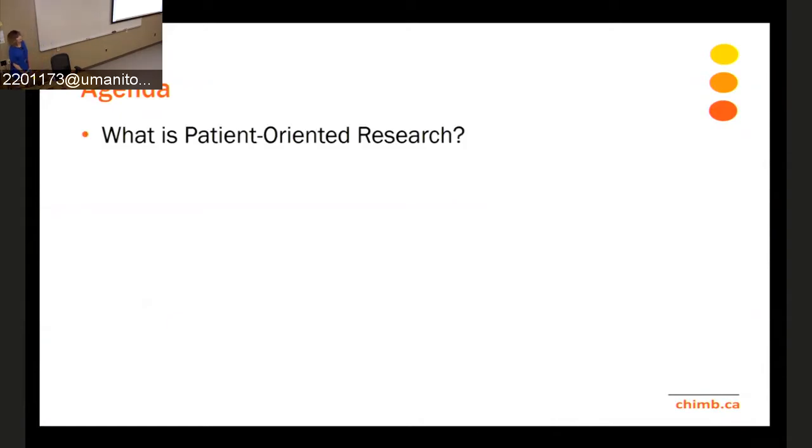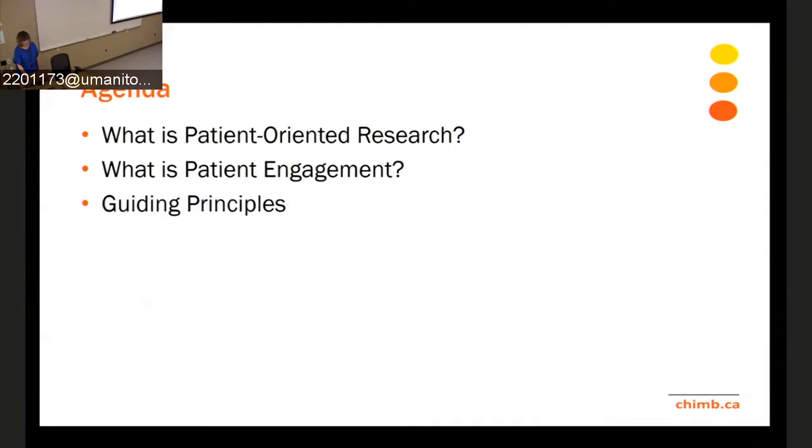So today, for the agenda, what are we going to be talking about? First of all, what is patient-oriented research, what is patient engagement. Guiding principles, so giving you an overview of what some of the principles are. It's always important to understand what it is not.